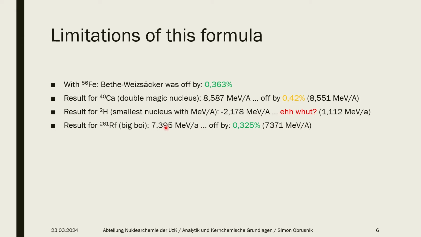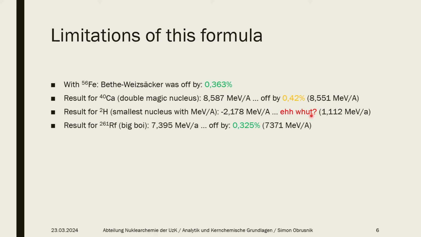I also tested it on the very small scale, so for the deuterium atom, because it's the smallest one where we could even calculate mega electron volts per nucleon, because hydrogen 1 is just 1 proton and you can't calculate that for just 1 proton, and we can see this is complete nonsense, so I would just not do it with very small atoms.